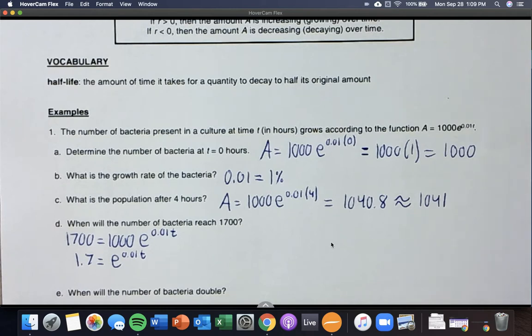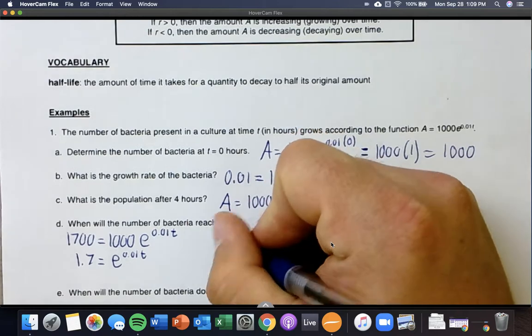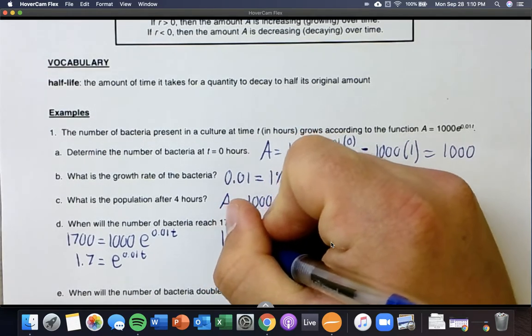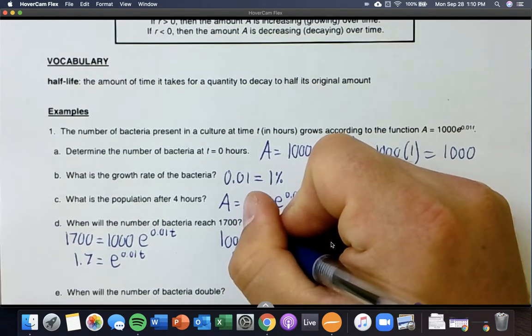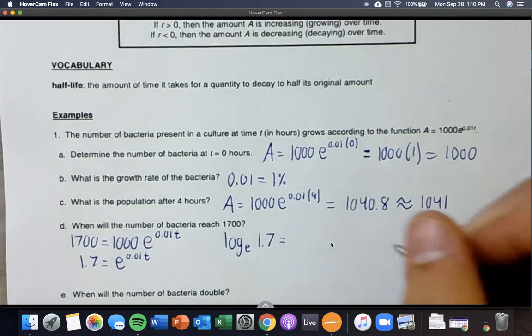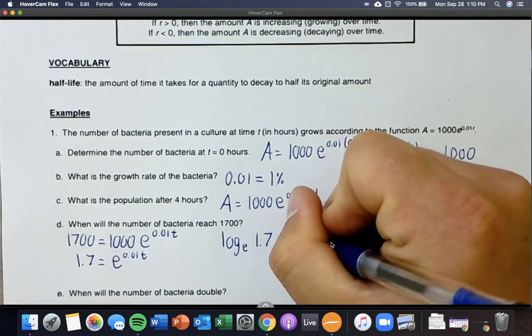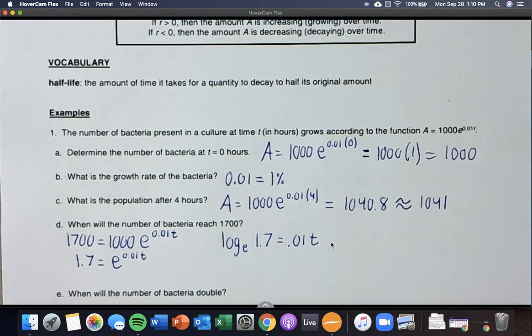From here we have an exponential equation where the variable is the exponent, so we know we're going to have to transform it into our log function. We can do that by saying, and I'm going to write it over here, log base e of 1.7 is equal to our exponent, which was 0.01t.